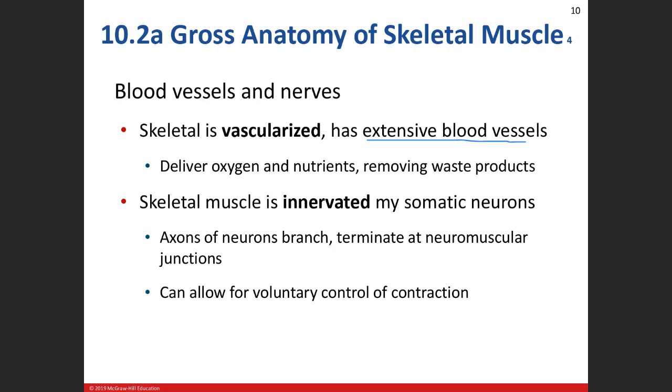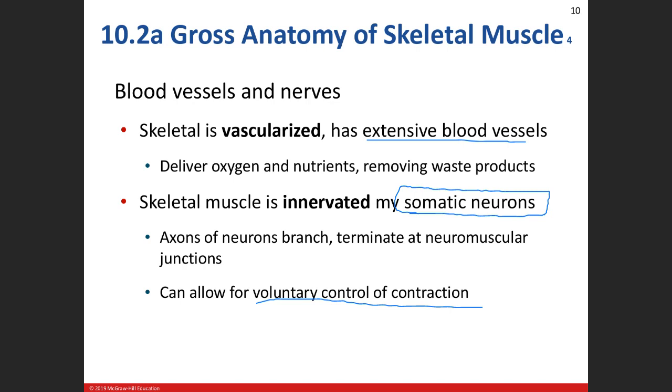All right? Skeletal muscle is also going to be innervated by, you need to know this, somatic neurons. Somatic neurons are the neurons that you can consciously or voluntarily control. It's part of the somatic nervous system. So that gives us voluntary control over these muscles.